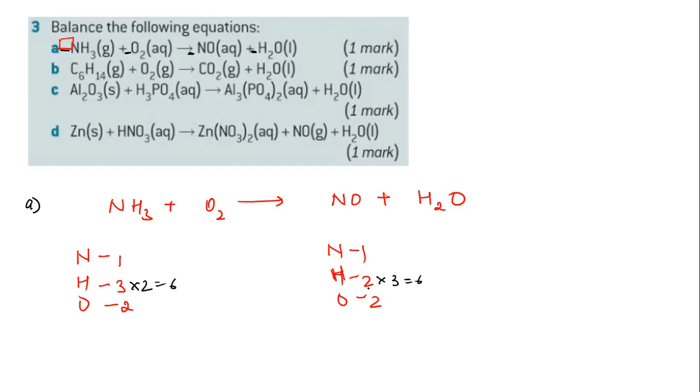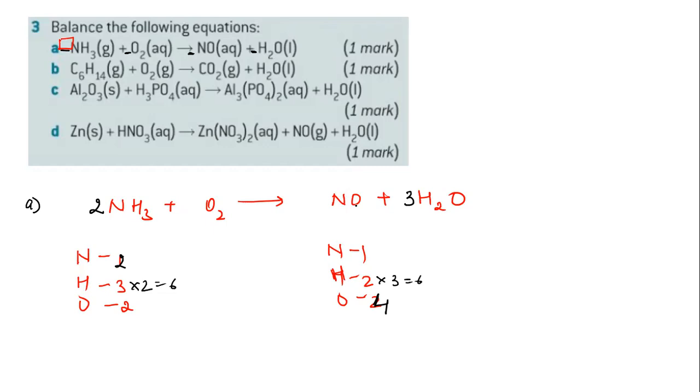So it means I have to write 3 this side and 2 this side. Now if you change this, nitrogen will automatically become 2 this side, and here oxygen will become 4. So nitrogen will become 2 and hydrogen become 4. Clear?